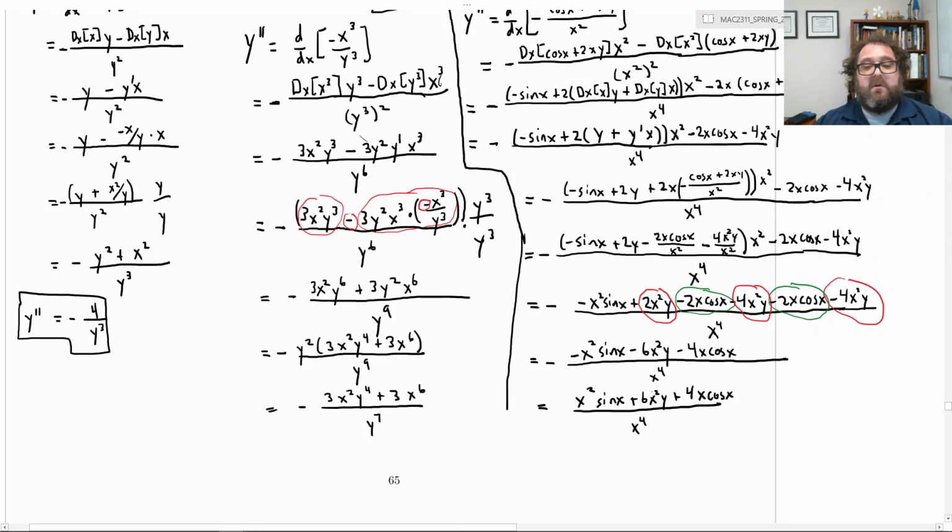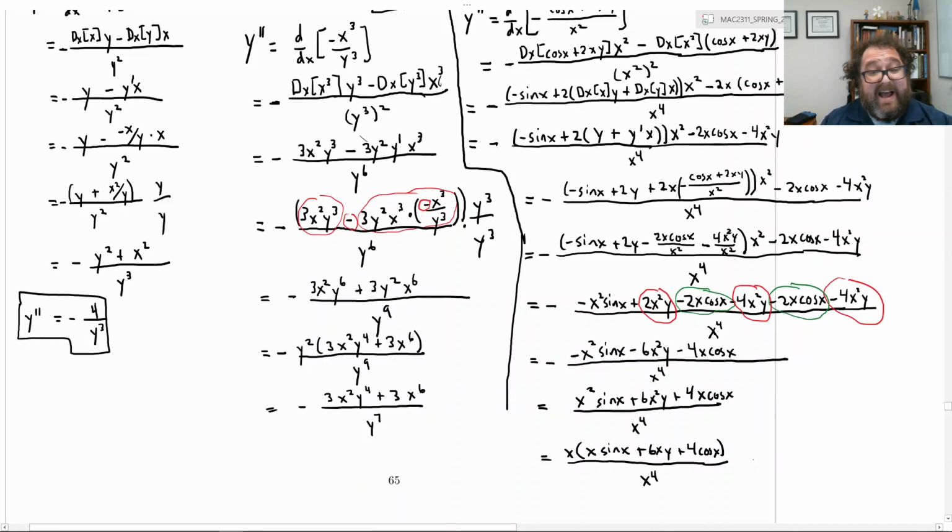Now, last thing. Notice that there's at least one x in each term on the numerator. So I can factor an x out and divide out one factor of x. If I factor out a single x from all terms on the numerator, that'll give me x sine x plus 6xy plus 4 cosine x over x to the fourth.